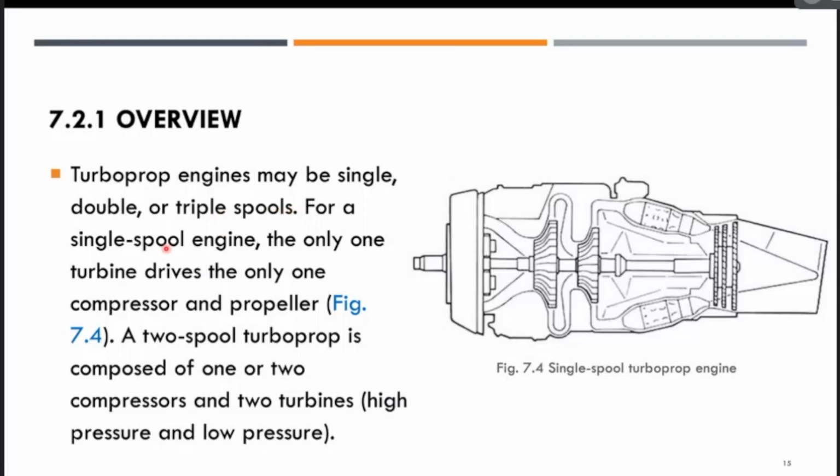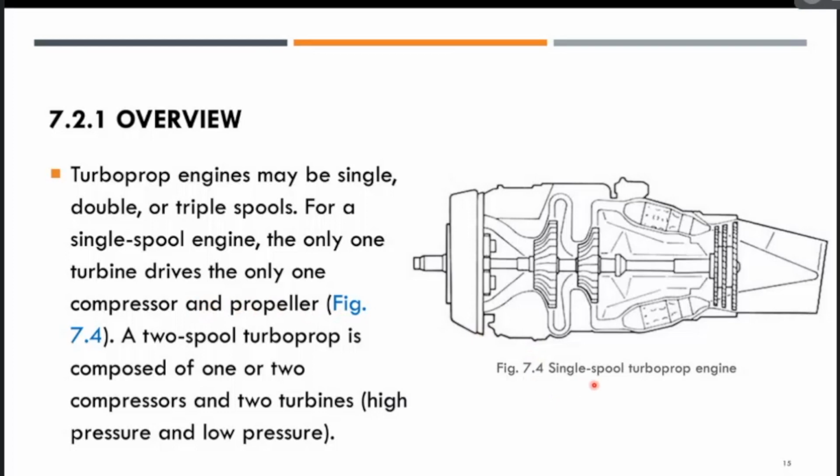For a single spool engine, there is only one turbine drive and only one compressor. Because it's single spool, you will have one set of compressor and one set of turbine that is connected through a shaft as well as the propeller.